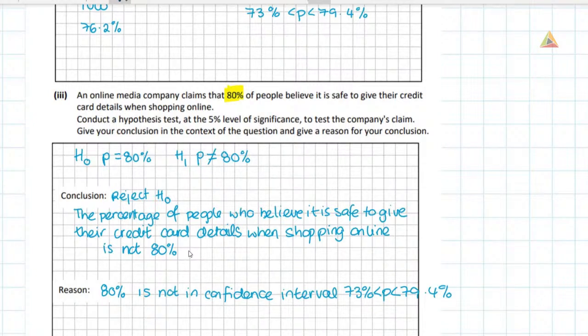And that's how we deal with it when the claim is outside the confidence interval.